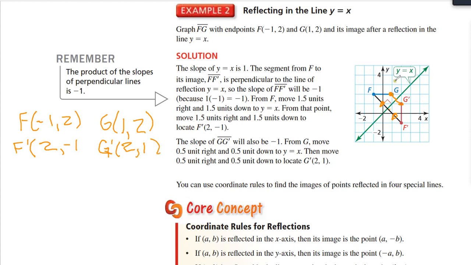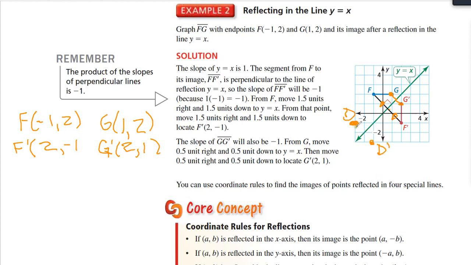Now I'm going to put a new point on here. Let's say I had this point right here. It would reflect over here, right? These are both the same distance. I'm going to call this D, and this D prime.